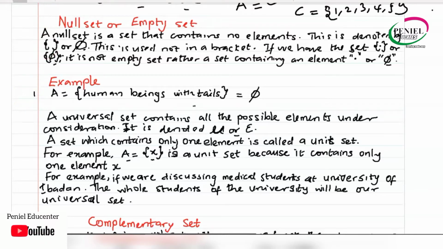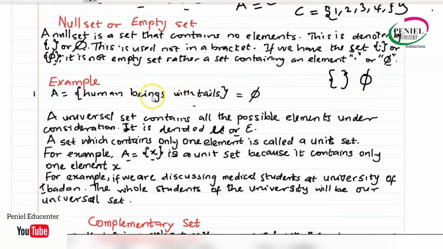It is denoted like this. That's a null set, or we'll write something like this. You note that in the enclosed brackets, there is nothing inside there, right? That's a null set.